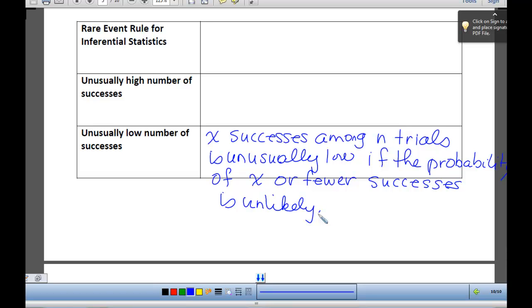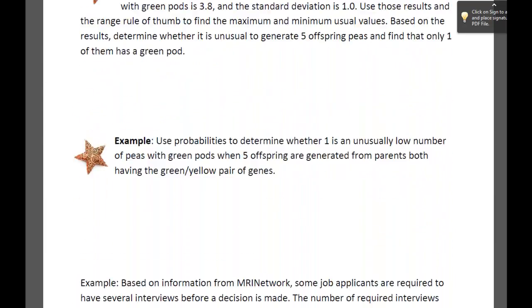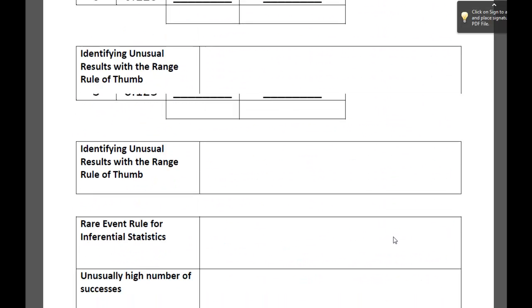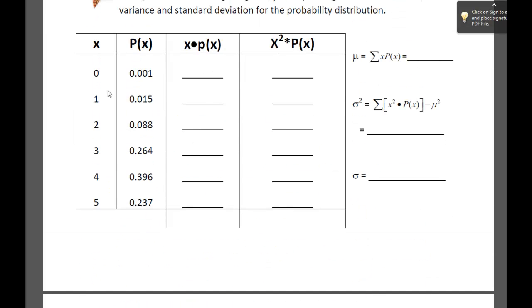So when we look at the example, looking at our probabilities, let's see, did I go too far? Okay, here are the well, that's for the soda. Here we are for the pea pods. When I look at the probabilities for 1 and 0, they add up to 0.016, right?